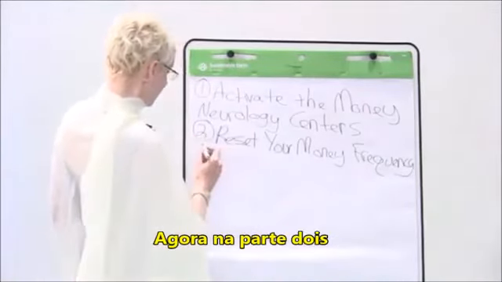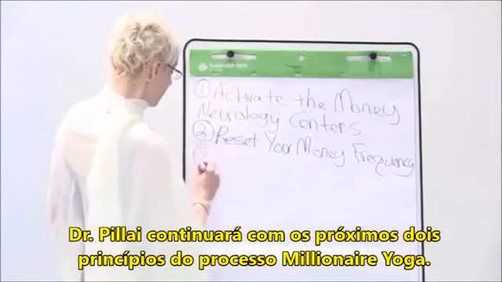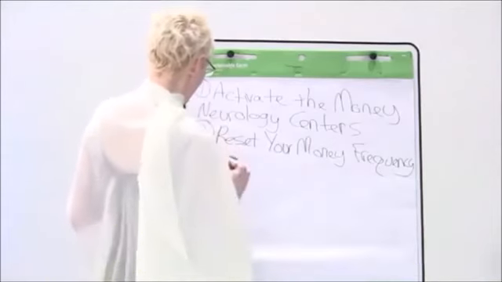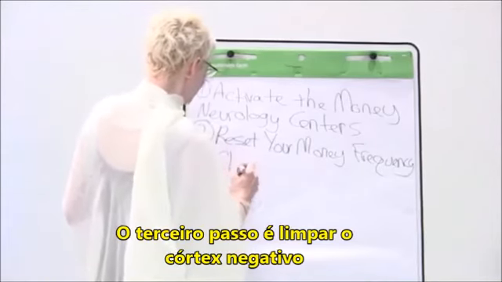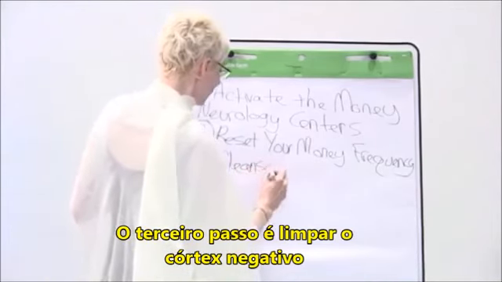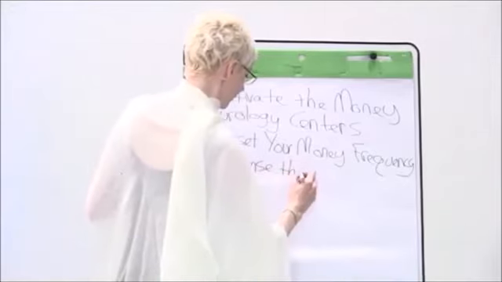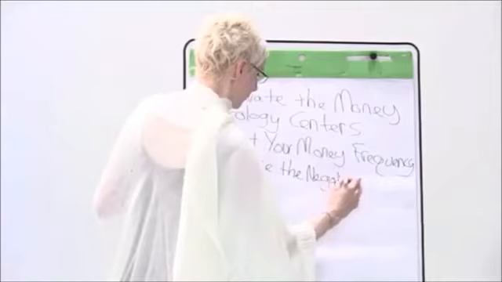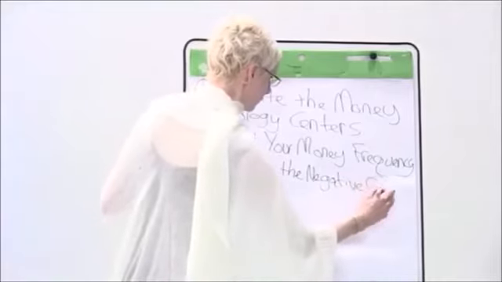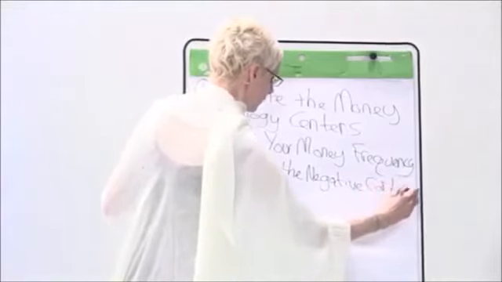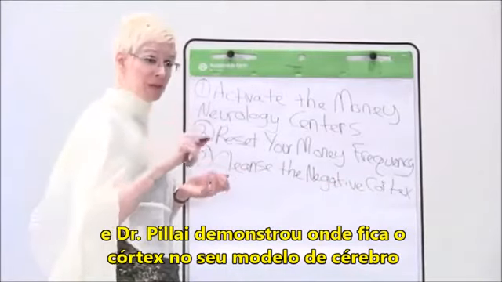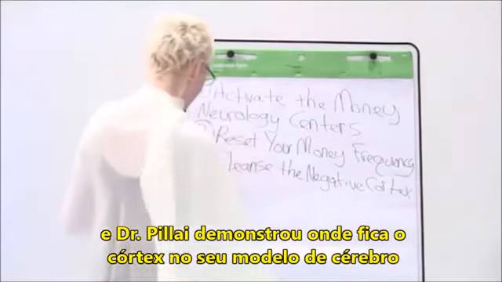Now in part 2, Dr. Pillai is going to move on to the next 2 principles in the Millionaire Yoga process. The third step is to cleanse the negative cortex. And Dr. Pillai demonstrated where the cortex is on his brain model there.